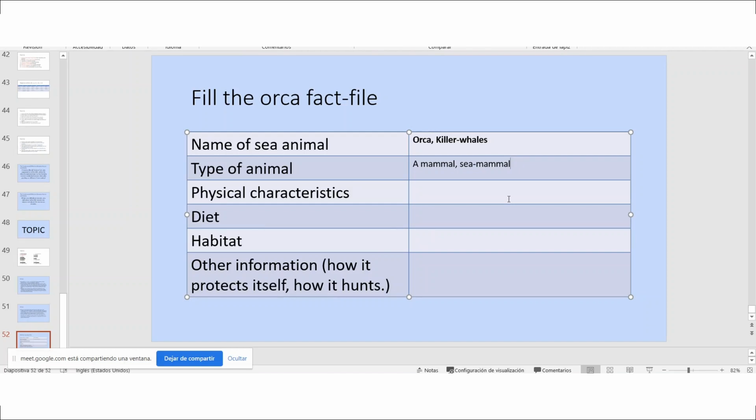In the text, we see that it's also part of a larger family. Which family is the orca part of? Dolphins. Part of the dolphin family. There you go. Now, tell me some of its physical characteristics.